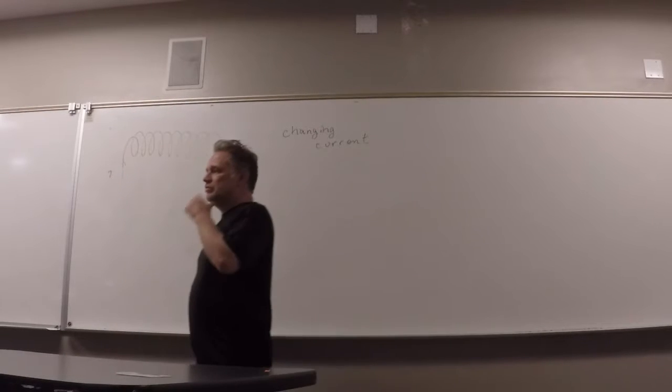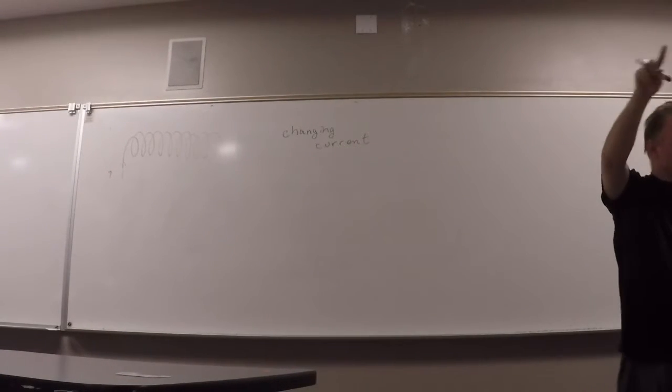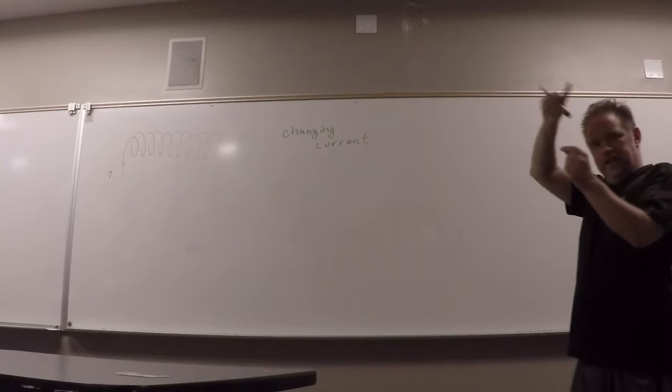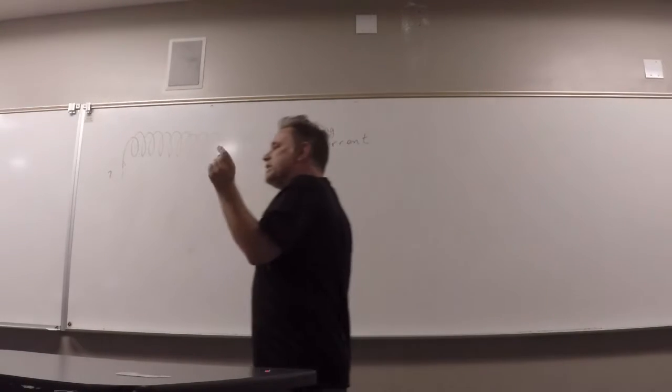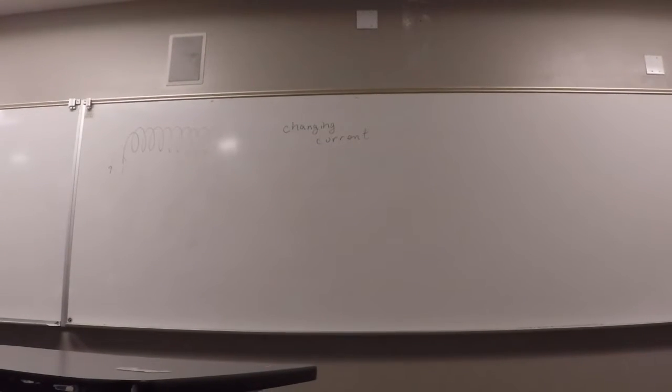Okay? So I have a loop, and I have a changing current in that loop. Well, that's going to change that magnetic field that's inside of that loop, that's created by that loop.